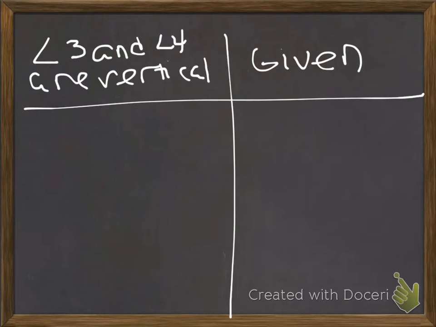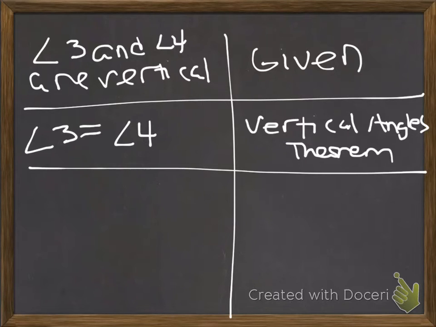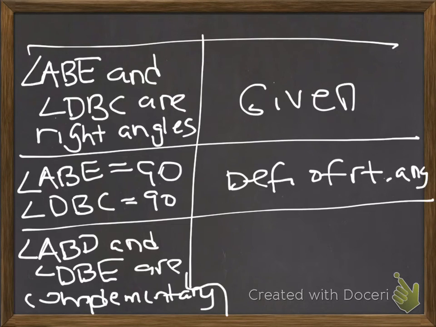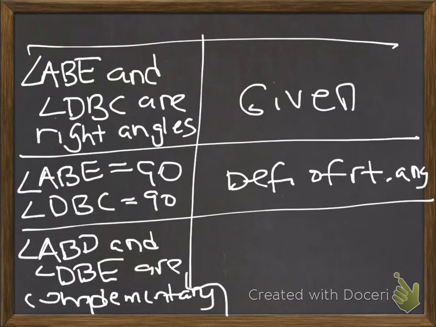And then from there, we're going to use the vertical angles theorem to say that they're equal. And then now we can substitute what the angle 3 and angle 4 are. So that's 6x plus 2 and 8x minus 14.